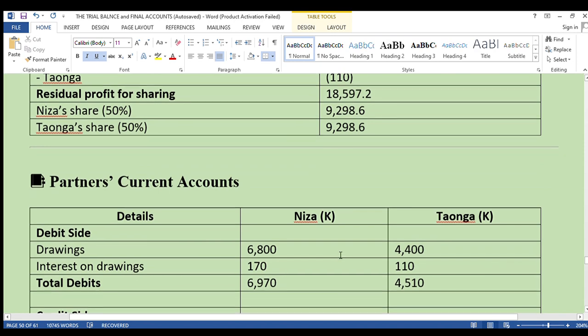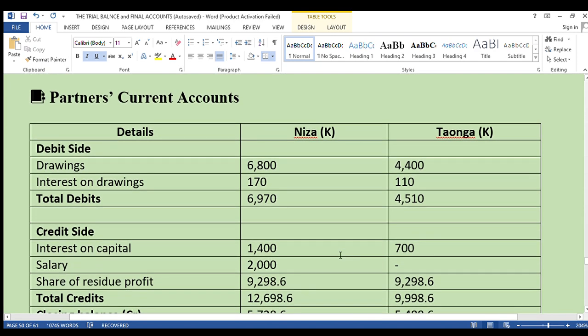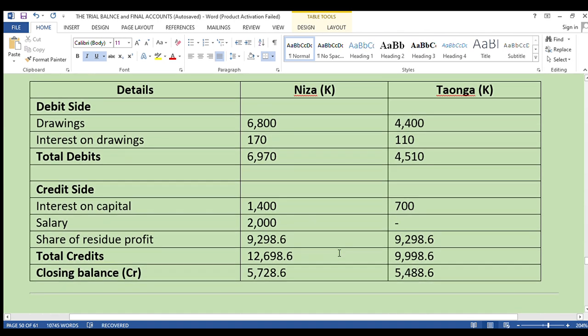Then after that, you go to the partnership current account. This may look a bit different, but it's something that we're familiar with. Normally we have the debit side on the left and the credit side on the right, but in this layout we are going to write the debit balances first and then the credit balances, because there are two partners, so there are two accounts.